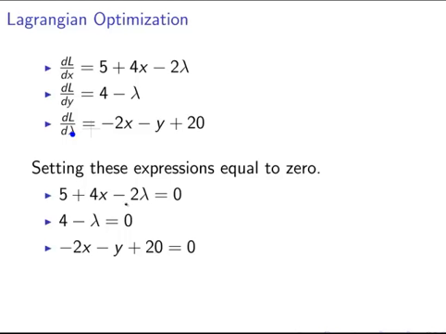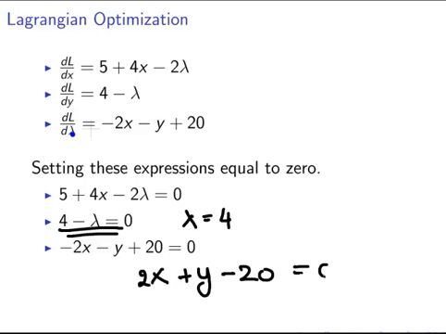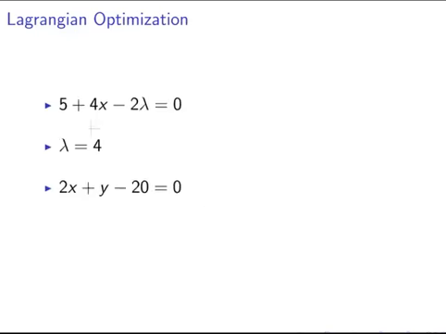Straight off, we can spot that lambda necessarily is equal to 4, based on this one here. I'm just going to change the sign to make it easier to deal with. So lambda is equal to 4. That's an immediate step we can take.